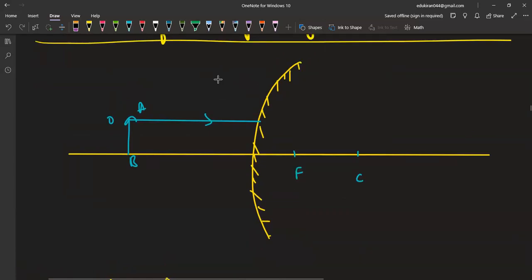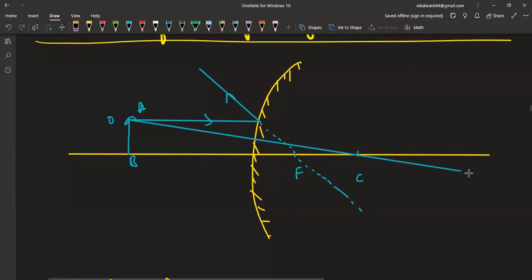The rays cannot go behind the mirror. So instead of passing directly through the focus, we have to take the virtual image. See, this is how the ray of light has passed through the focus. Second ray, you will take from the center of curvature.